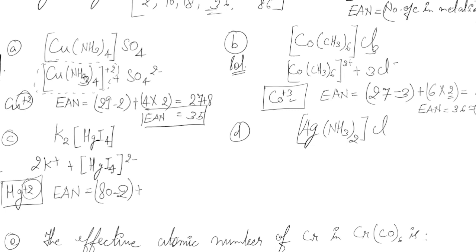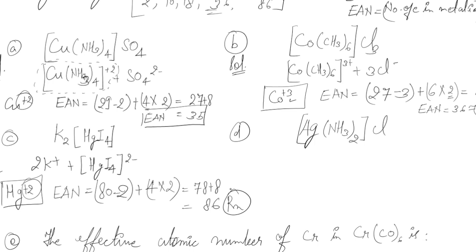So for the ligand, we have 4 iodine, so that will be 4, and 1 iodine will give you 2 electrons. So this will be 80 minus 2 is 78, plus 4 times 2 is 8. So this will be 86, and you know that 86 is nothing but the electronic configuration of radon.